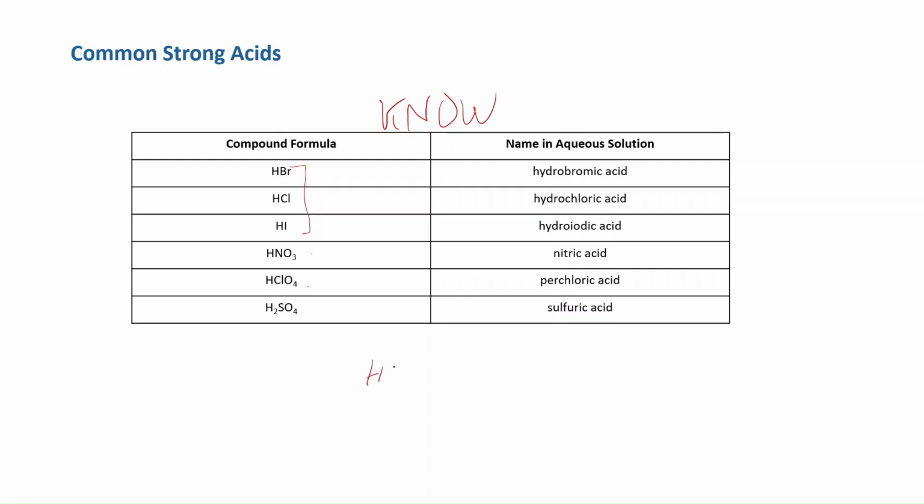How about hydrofluoric acid? Hydrofluoric acid is not in the list, so it's a weak acid. How about nitrous acid? It's a weak acid because it's not in the list of strong acids.